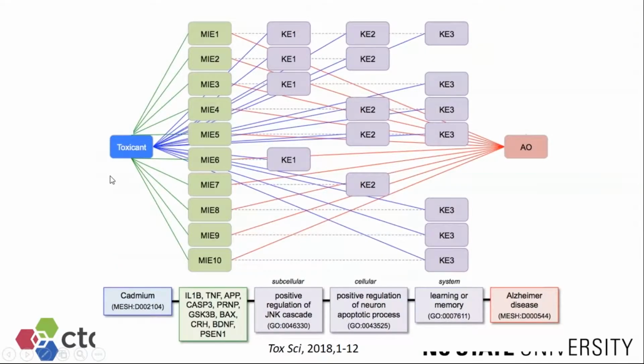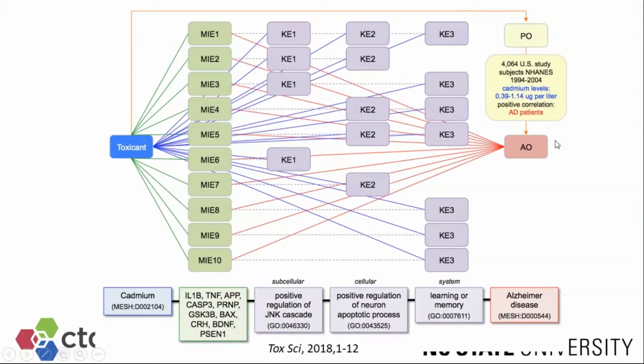As an example, we've played around with this, and we have a very recent publication in Toxicology, if you're interested in the details, but able to go from a chemical to a number of initiating events. We can sort of take the phenotypes at various levels, so from a subcellular to a cellular to a system-wide level, and then connect those to a disease.